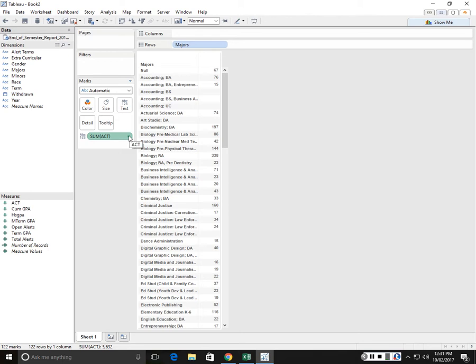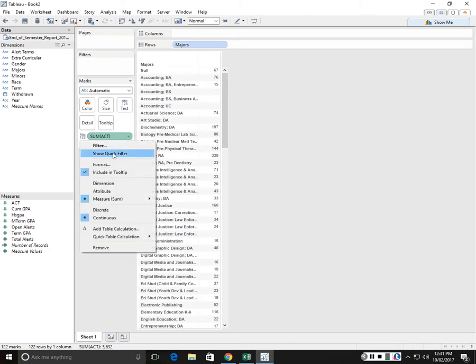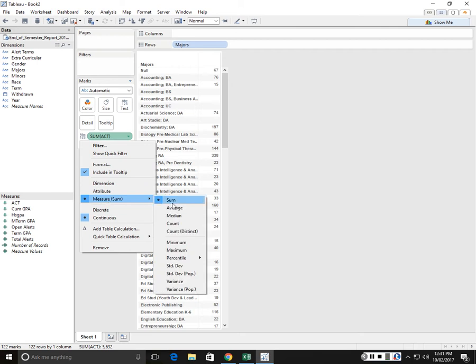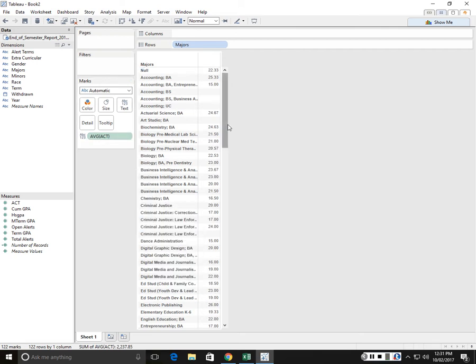Sometimes by default it thinks it's smarter than you and anticipates what you want. Summing ACT scores wouldn't make any sense. So we go down to measure and go to average. Now we have the average ACT score by major for people that are in this file.